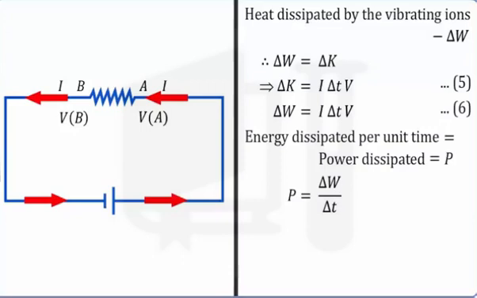Substituting the value of delta W from equation 6 in the above equation, we get P = I delta t V by delta t. On further simplifying, we get P = IV. Let this be equation 7.